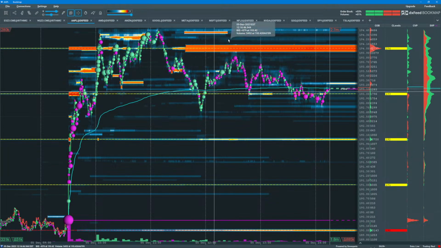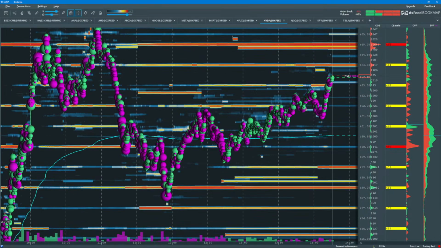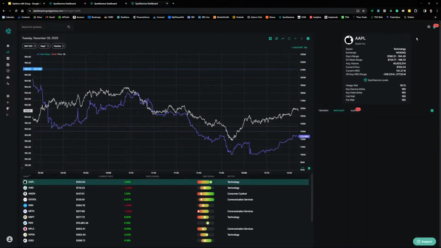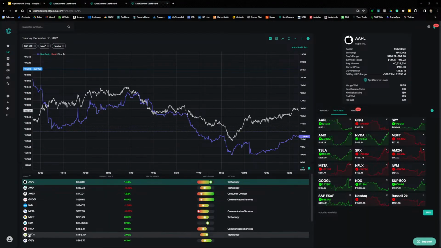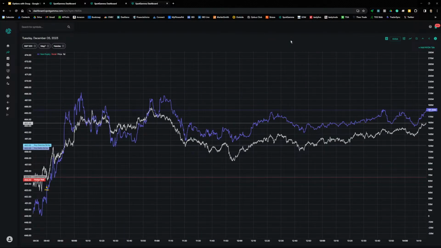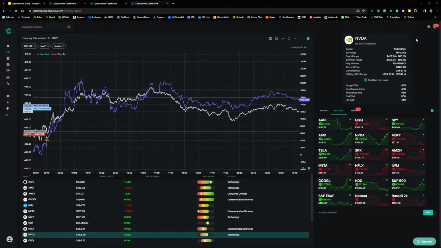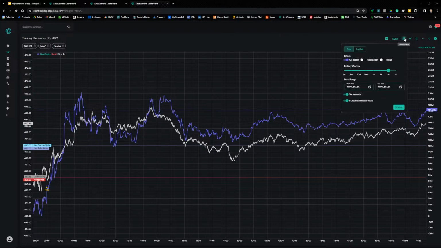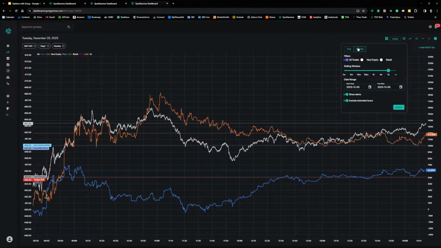All right, the next stock is NVIDIA. Let's go take a look and see what options traders are doing in NVIDIA. Separate out puts and calls.